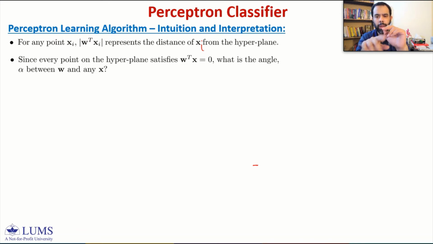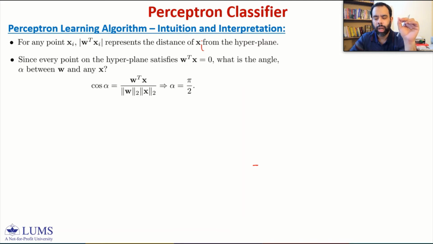Inner product divided by the norm of the individual vectors, and that gives you the cosine of the angle. So if alpha is the angle, and W transpose X equals 0, this implies alpha is equal to pi by 2. Or we can say any point on the hyperplane is orthogonal, perpendicular, to the vector W.